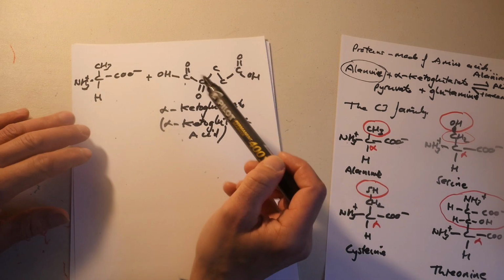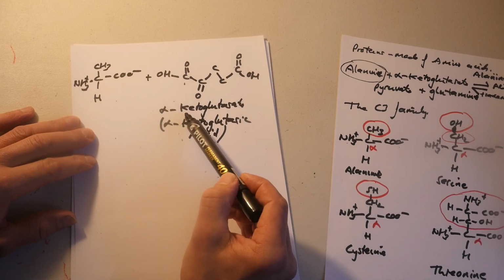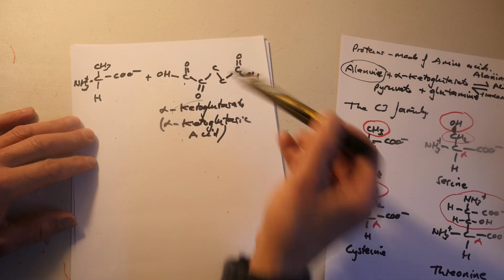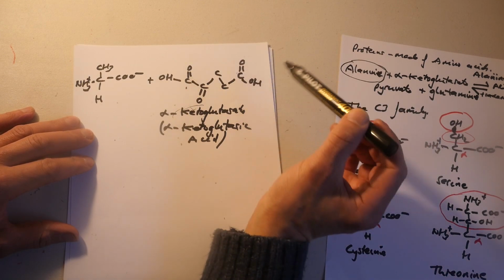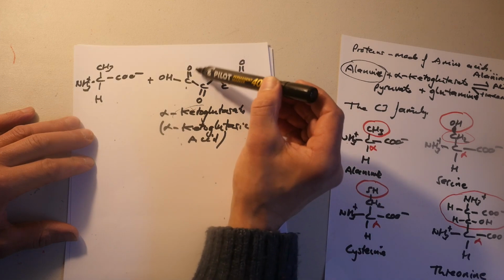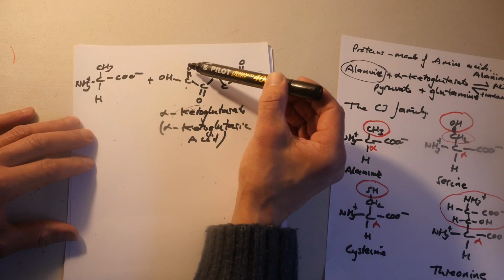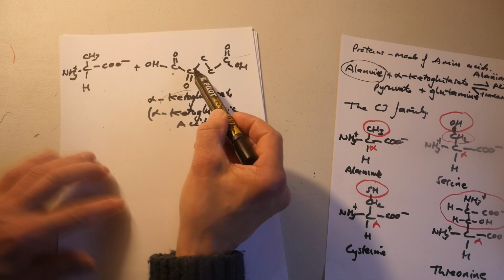The keto there refers to this, so that's the alpha carbon, that's the carboxylic group, and that's another one, so alpha keto and then glutarate. But that'd be the alpha carbon.